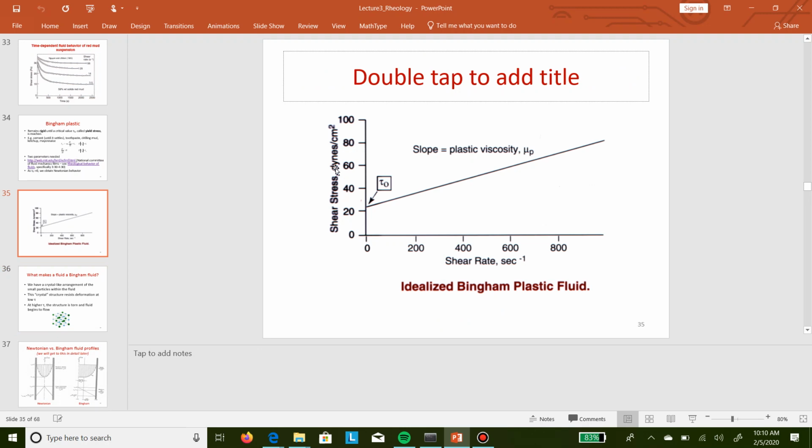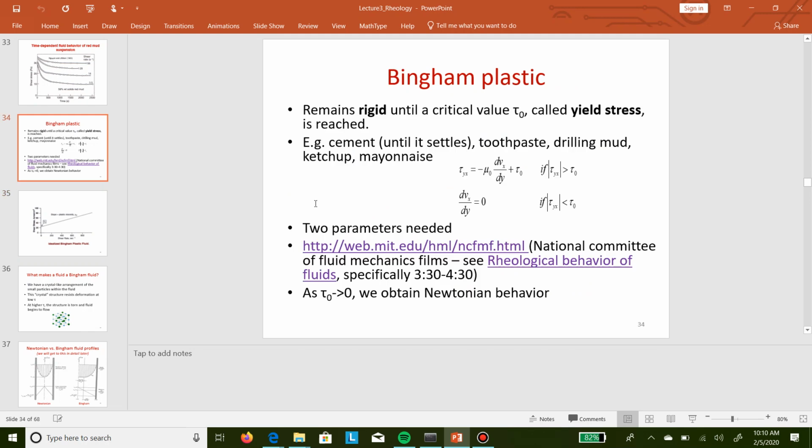We would either plot shear stress versus shear rate. So this is what I refer to as tau yx in my formula. If you want to remember any formula, the one to remember quickly is that for a Newtonian fluid between two parallel plates, tau yx is minus mu dvx/dy, right?